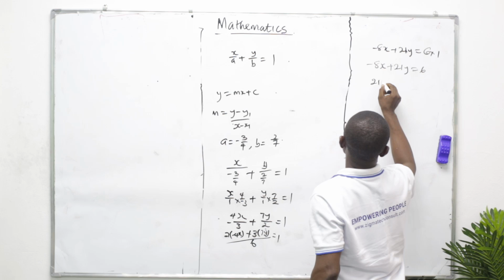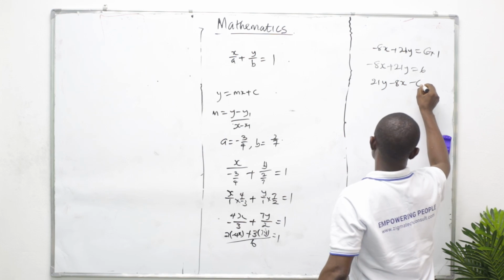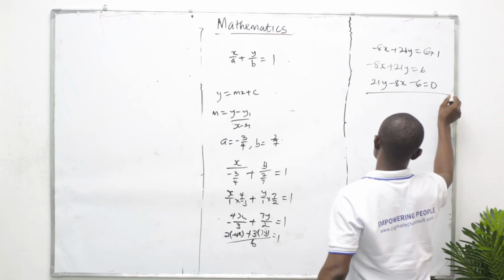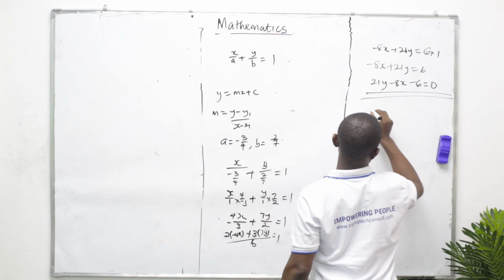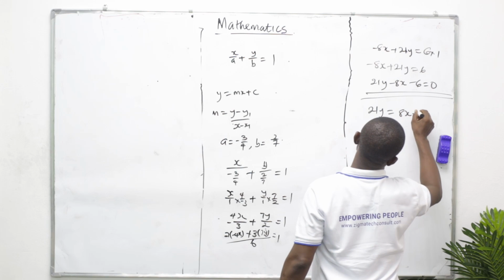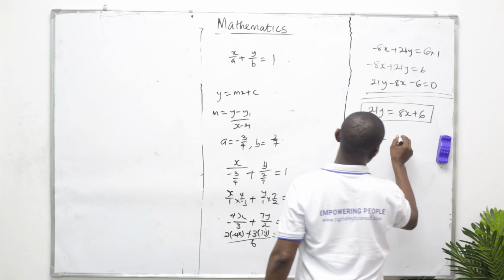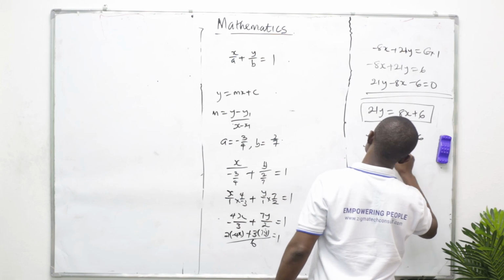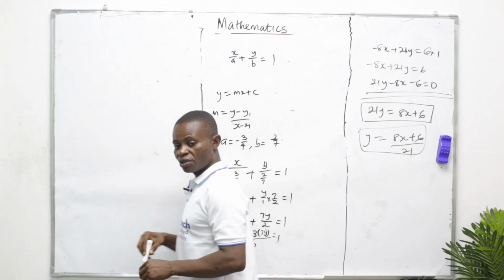So 21y minus 8x minus 6 equals 0. If you want, you can leave your answer like this. If you don't want, you can just transfer by saying 21y equals 8x plus 6, or y equals 8x plus 6 all over 21. This is the equation of the line.